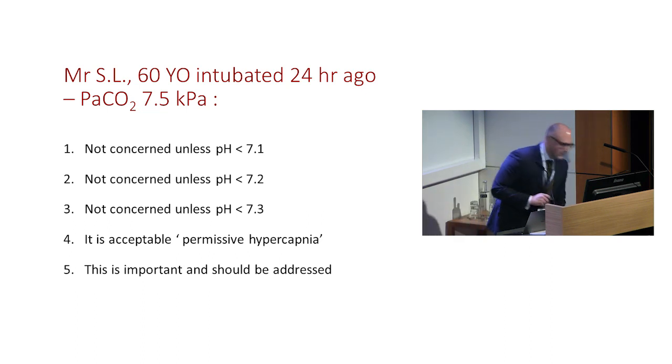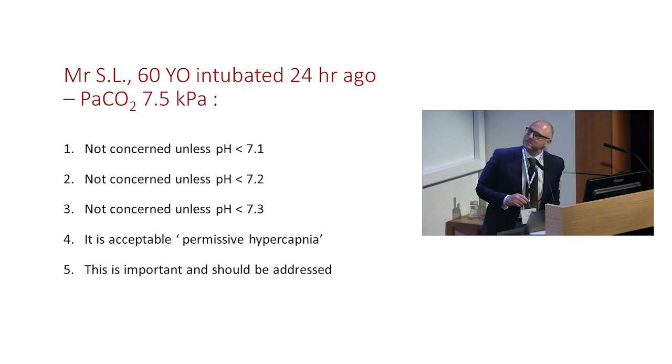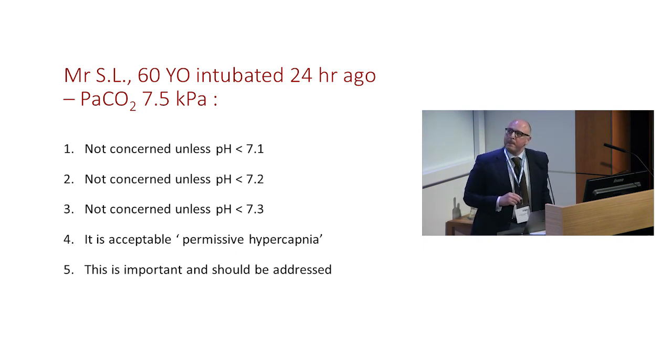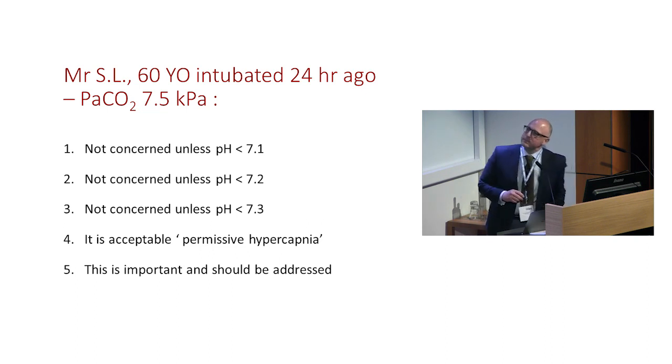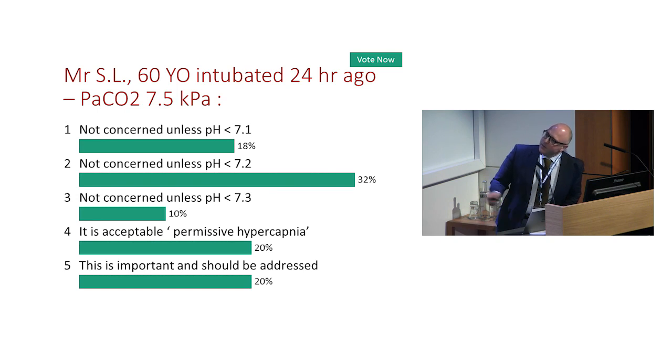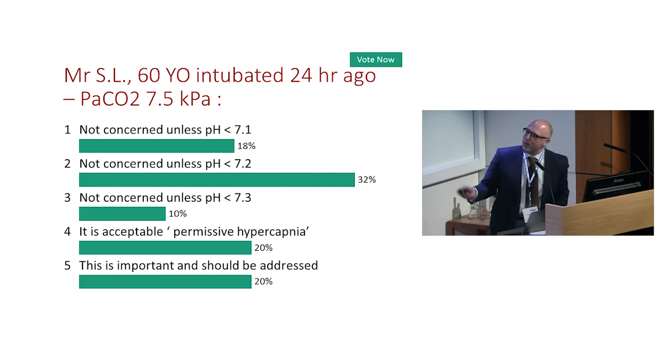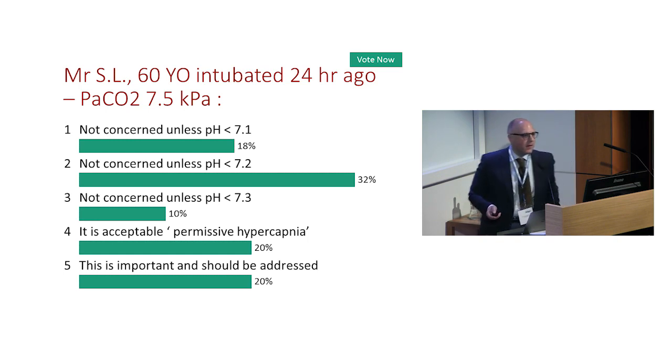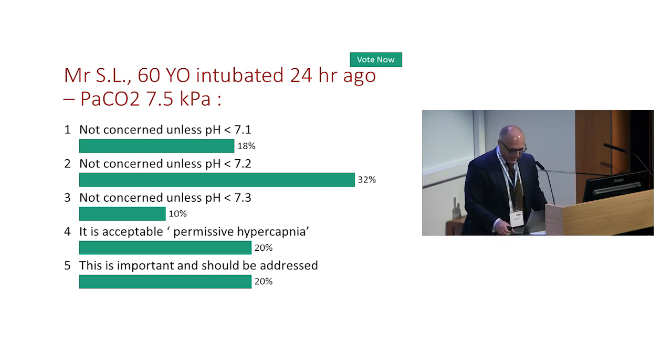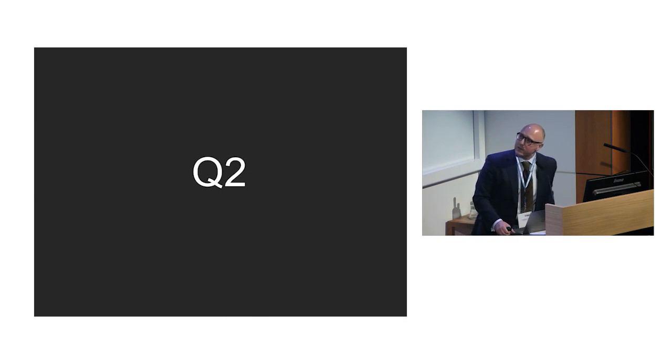Can we vote? Have you all voted? Okay, let's see the results. Very good. So 7.2 seems to be the top one, but 1 in 5 of you said this is important and should be addressed. Okay, so let's go to the next one.